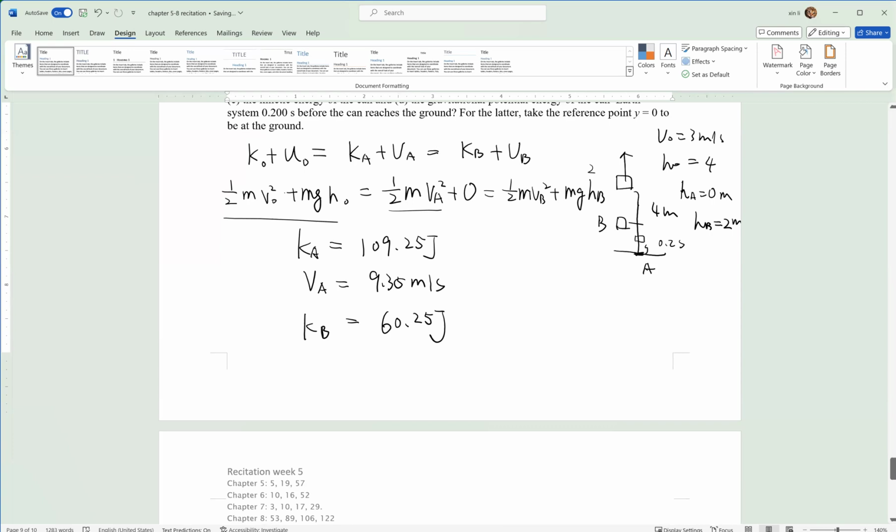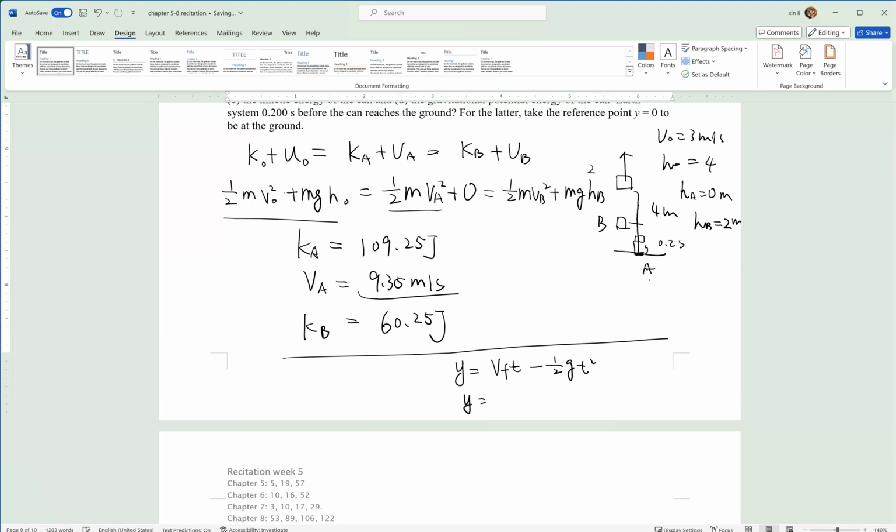For the last part, you have to calculate the displacement here so that you can calculate your kinetic energy. You can use the kinematic equation we had in our class: y equals v final times t minus 1/2 g t squared. Our v final, when it reaches the ground, is 9.35.